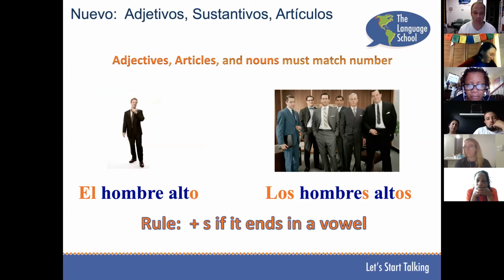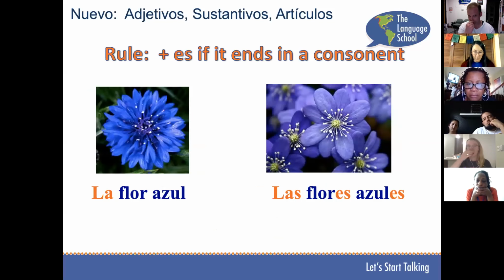So here we have el hombre alto, the tall man. To make that plural, we say los hombres altos, putting an S on every single one of those words. For words that end with a consonant, we have to add an ES. So here we have la flor azul, meaning the blue flower. Notice that we add ES to both flor and azul in the plural form, las flores azules.